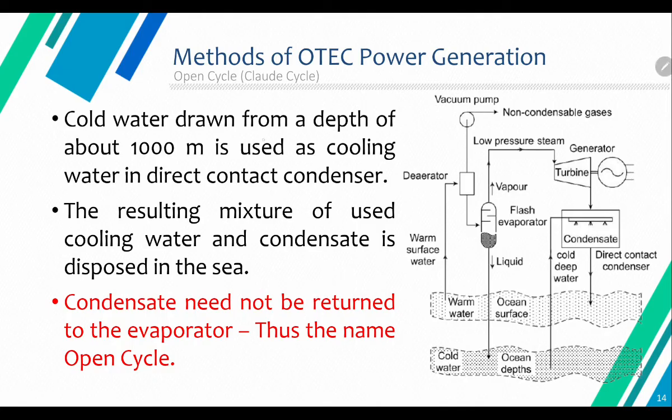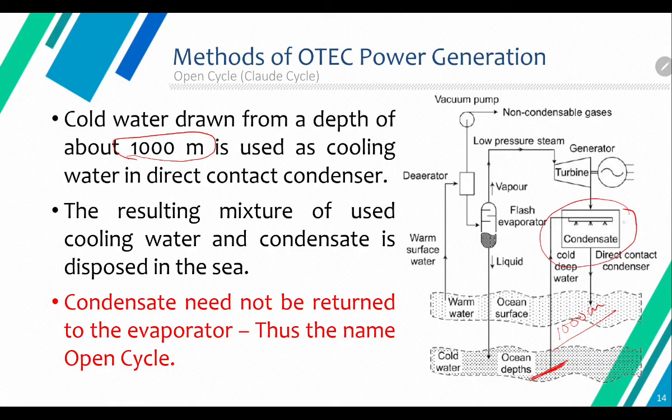The cold water drawn from a depth of about 1000 meters is used as cooling water in the direct contact condenser. The resulting mixture of used cooling water and condensate is disposed into the sea.